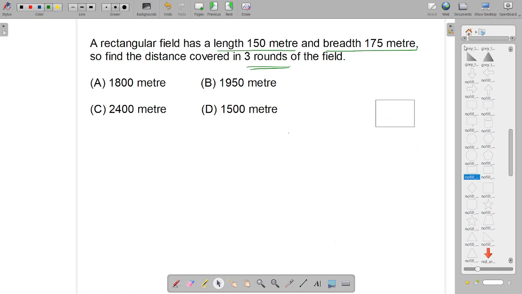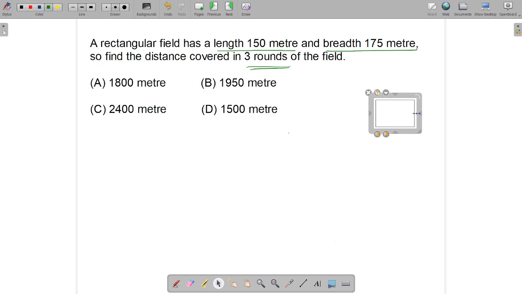The length is 175 meter. Let us reshape it somewhat proportionally. So 175 meter is the length and 150 meter is the breadth.